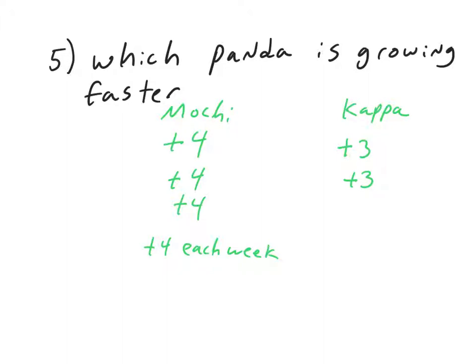And then from week 2 to 3, also +3, went from 8 to 11. So it is doing +3 each week. So the one that's changing faster, or growing faster, is Moki.